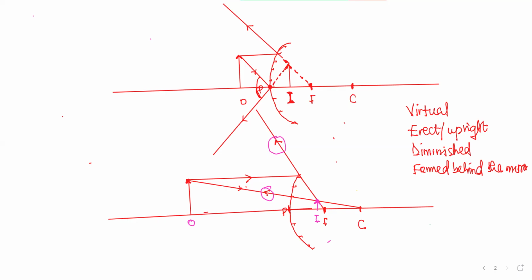Image is diminished, formed behind the mirror, but its exact location is that it is formed between P and F. Okay, so no matter the object position, the image is always between P and F, and the image formed is always closer to the mirror, no matter the object's position.